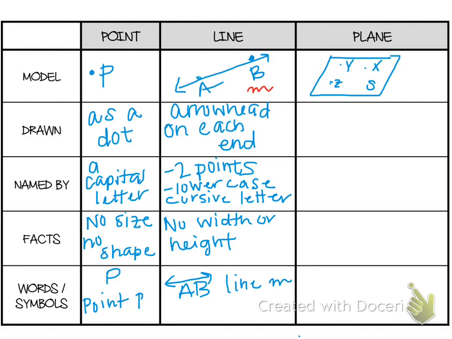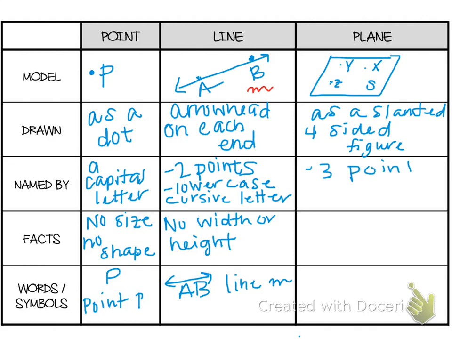It's drawn as a slanted 4-sided figure. In order to make a plane, you need 3 points. So I can't make a plane if I just have 2 points.